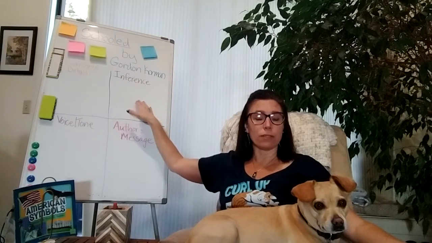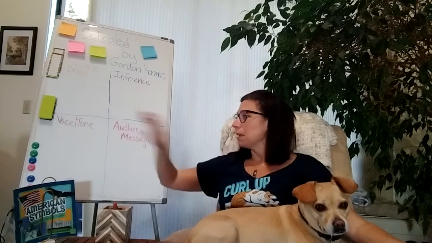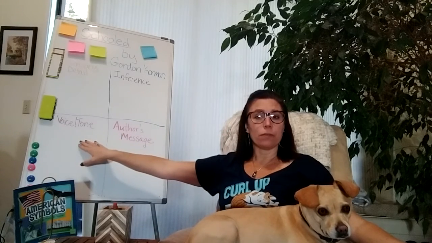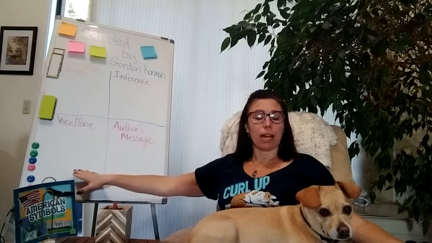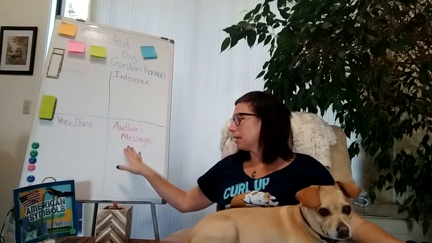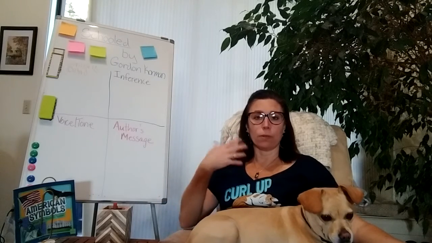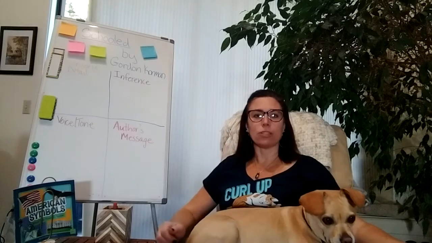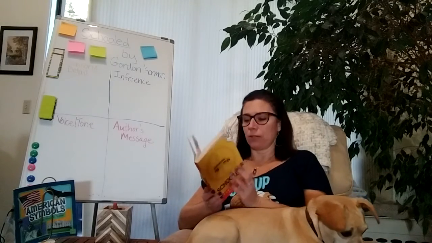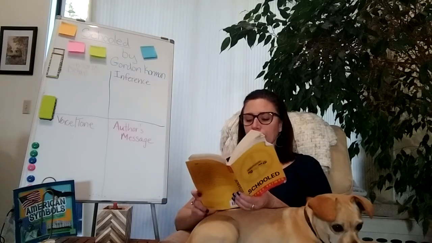What did you realize using your background knowledge? Voice, an example where the author used voice. And then again, what did it help you understand or realize? And then the author's message. What gave you an idea about what the author was trying to teach you? So we're going to look at Zach Powers today, and I would love for you to jot as I read.